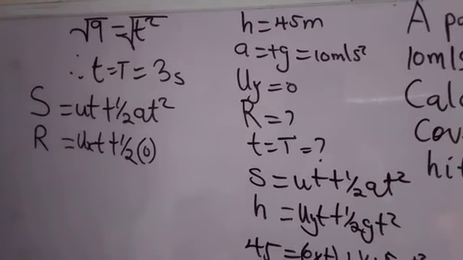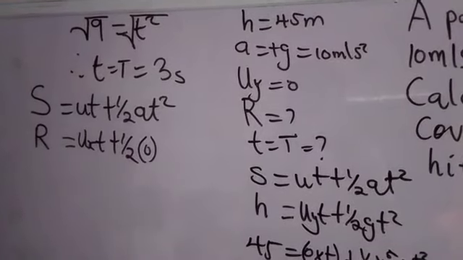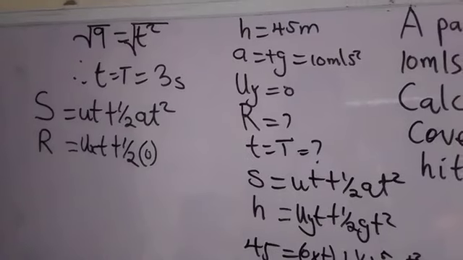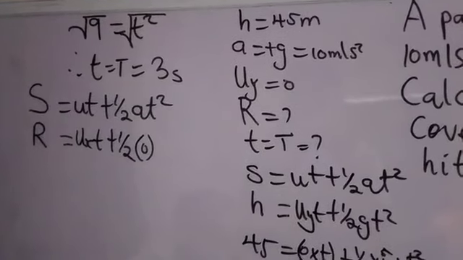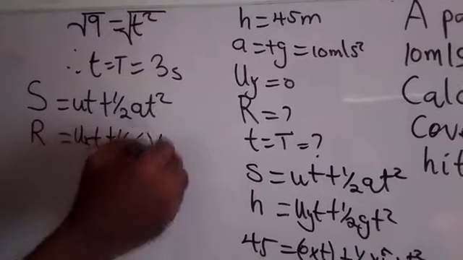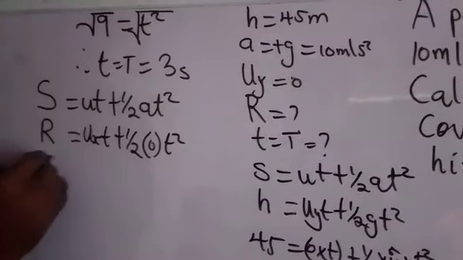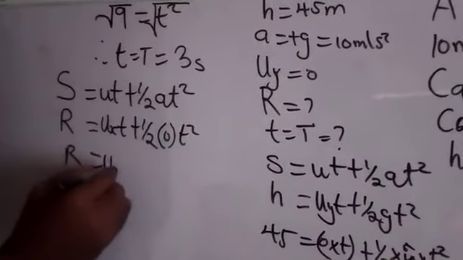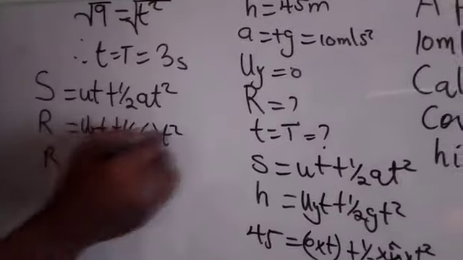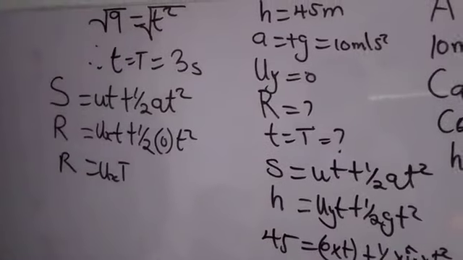That's one of the conditions for projectile motion, one of the assumptions. Gravity does not affect the horizontal component of motion. So here we still have t squared, right? So here we have r equal to uxt. All of this becomes 0.